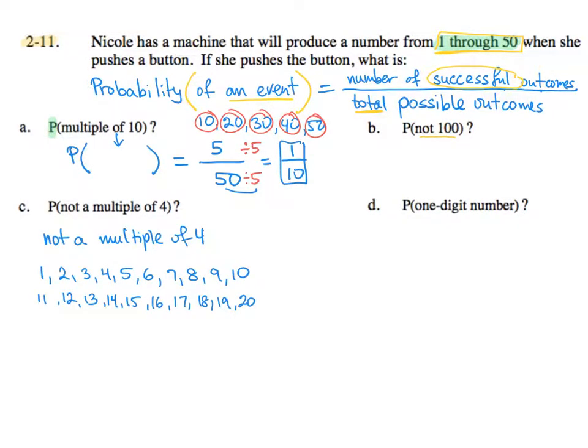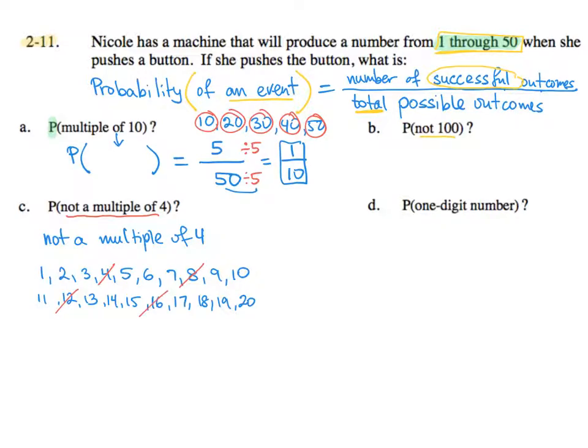So in problem C, it says not a multiple of 4. One idea I have is you could write all the numbers first from 1 all the way to 50. Right now I started writing from 1 to 20, but go ahead and pause the video and write all of them, and then maybe cross out the multiples of 4. For example, 4 is a multiple of 4, so I'm going to cross it out. 8 will be the next one, and so on.